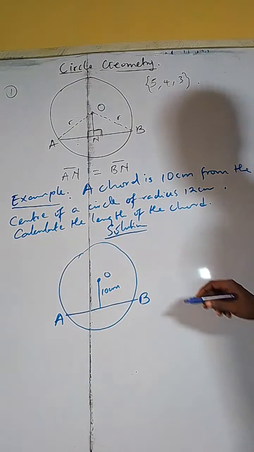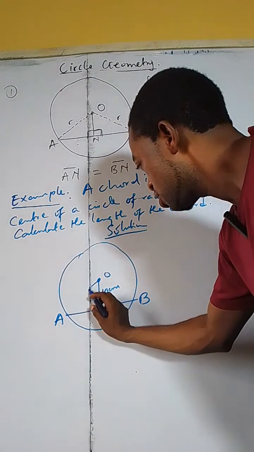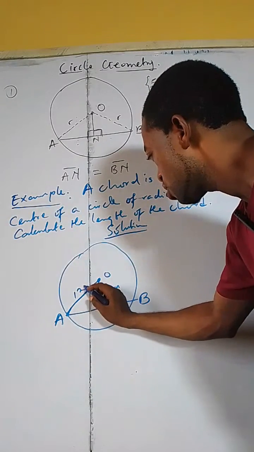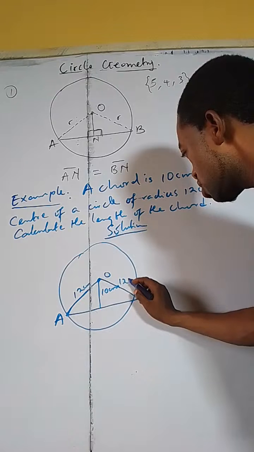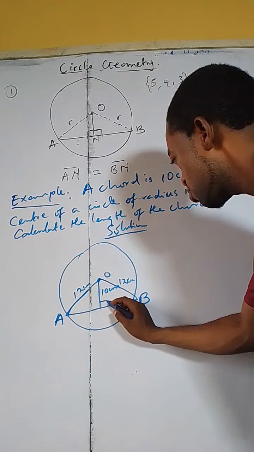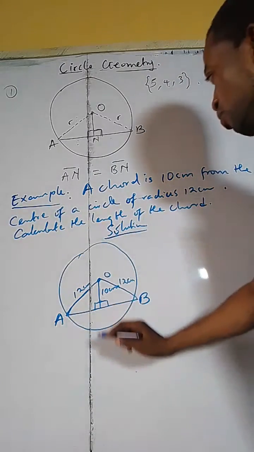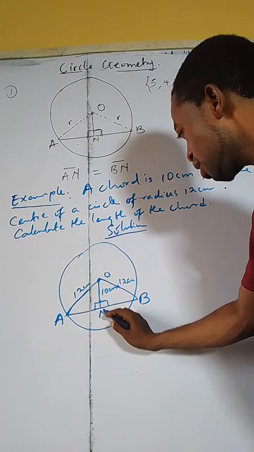Then the radius of the circle here, when we join the center to the circumference, is 12 centimeters, which is equally from here to here. And don't forget, this meets at angle 90 degrees. Then we have to find the length of the chord. And the length of the chord means AB. So let's label this as N.